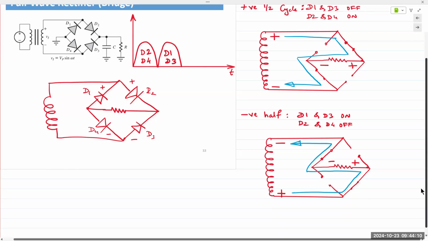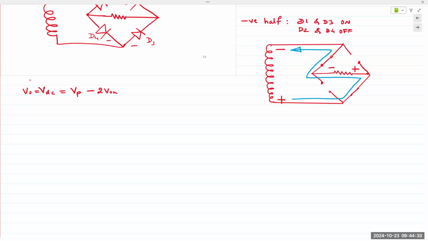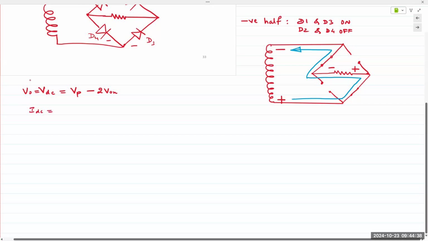And so the output voltage for a bridge rectifier can be written as V out or VDC as the peak value minus 2 times V on. Okay, 2 times V on. Equation for IDC, the current is the same. We can write it as Vp minus 2V on divided by R.